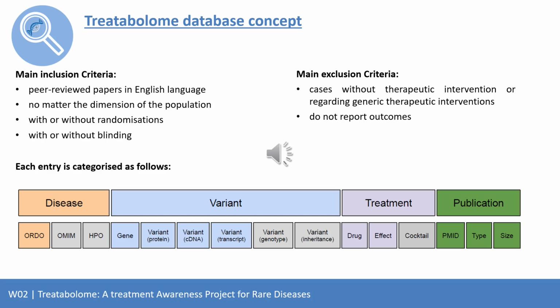The existence of a comparator or randomizations are not exclusive to enter the database, but outcomes, qualitative or quantitative, should be mentioned with the intervention. Cases regarding generic therapeutic intervention, for example, benefiting from physiotherapy for a diverse group of patients, would be excluded from the database.